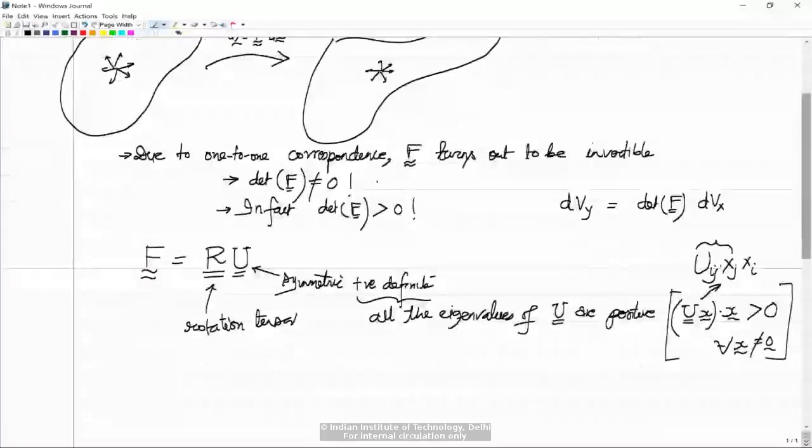And polar decomposition simply says that the deformation gradient you can break into a product of big R and big U. In fact, there is another decomposition, which is a tensor V times big R. So you can express F in either of the two forms. And V also turns out to be symmetric positive definite.